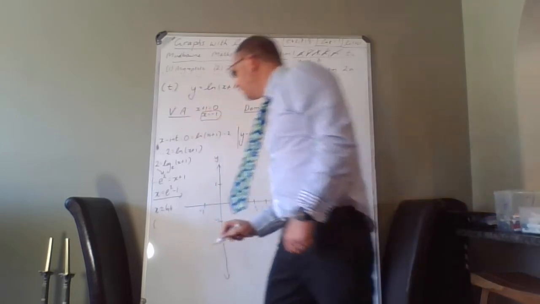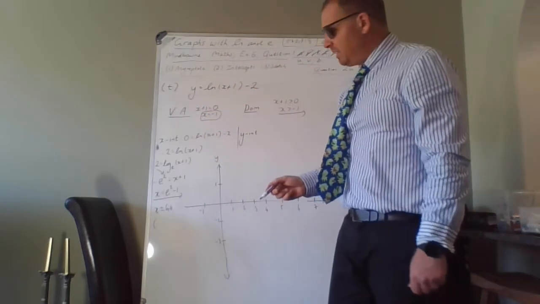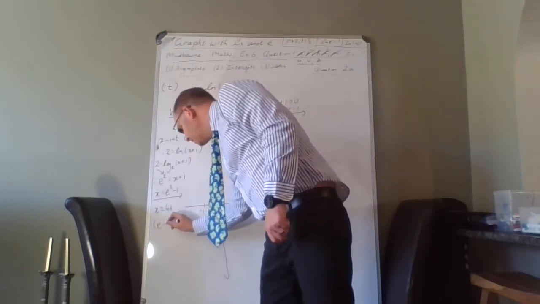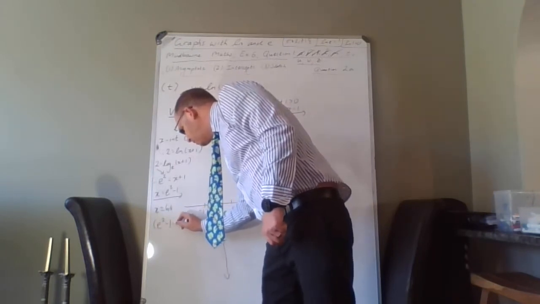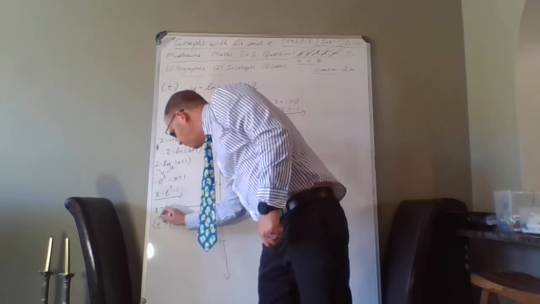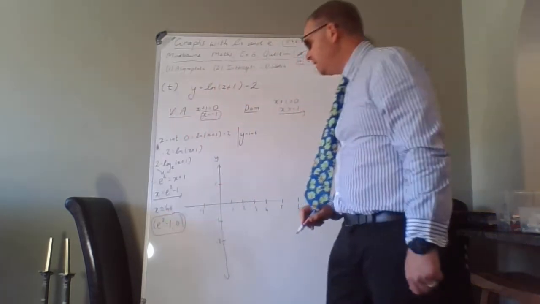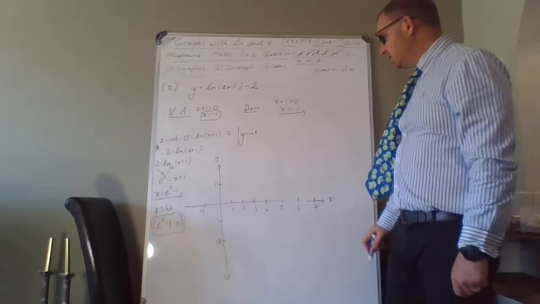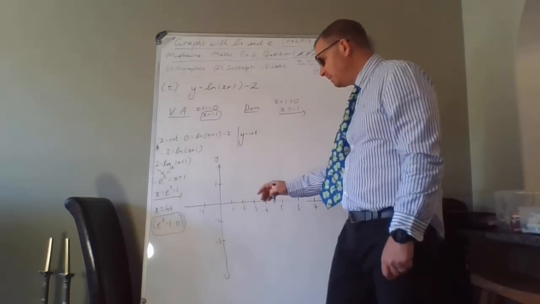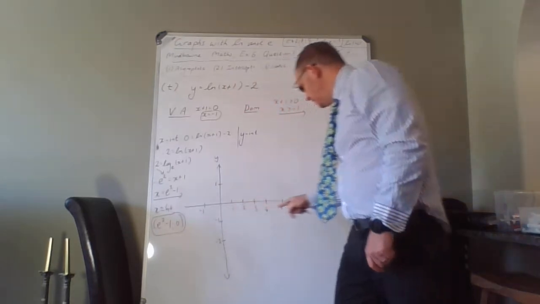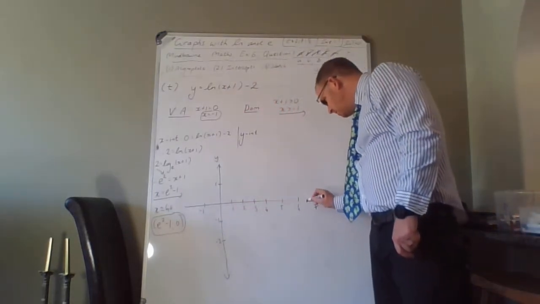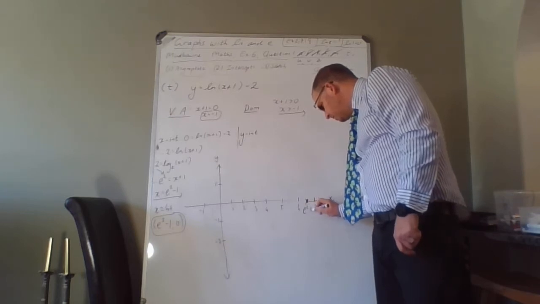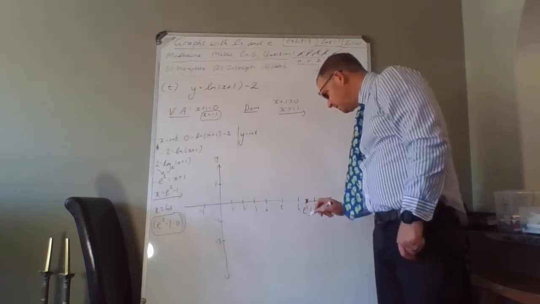If they said to you what's the coordinates of the x-intercept and I hadn't specified decimal places, you're going to say the coordinates are when y is 0, x is e squared minus 1. That point, by the way, is about 6,4, so you can just label it as e squared minus 1 at that point over there.